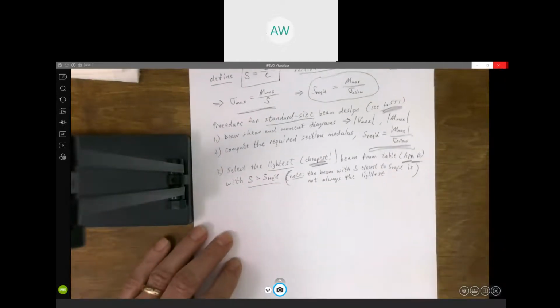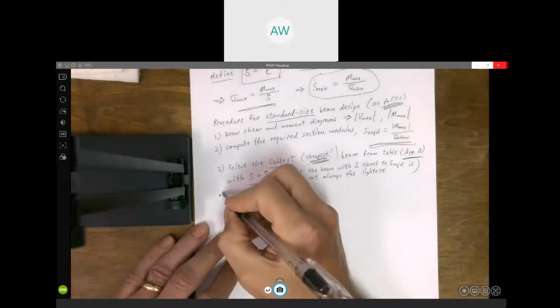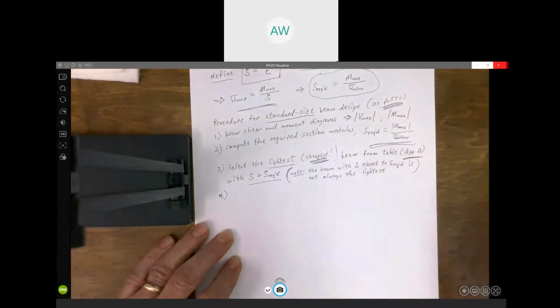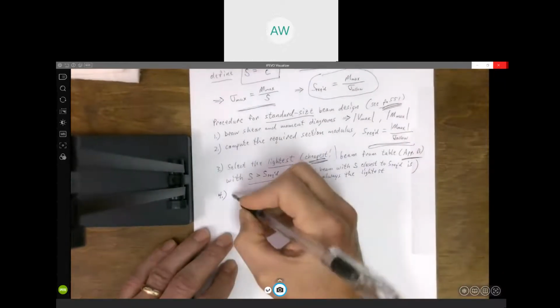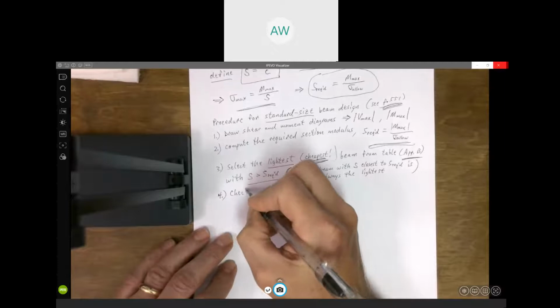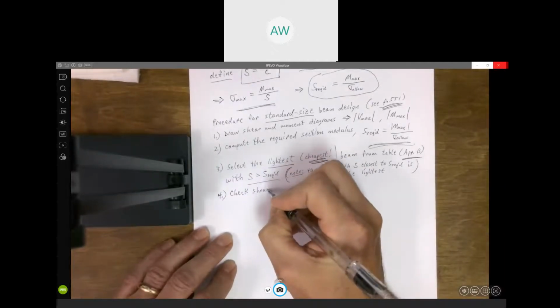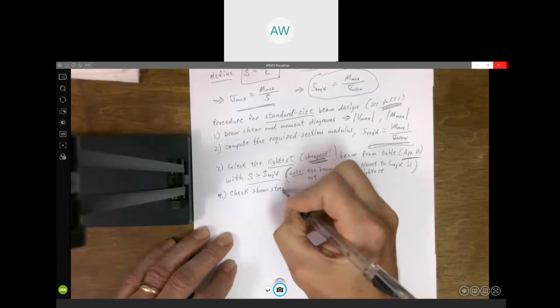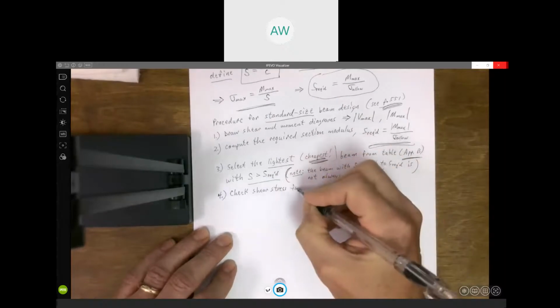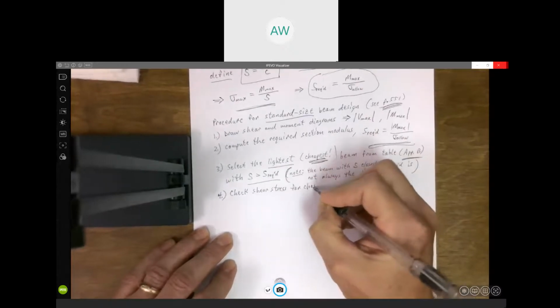And then finally, the last thing, which a lot of times students forget to do but is very important, is you have to check the shear stress for this chosen beam.